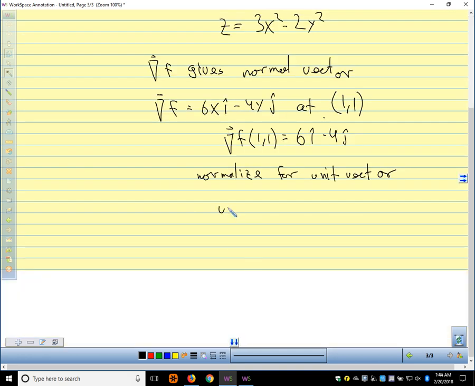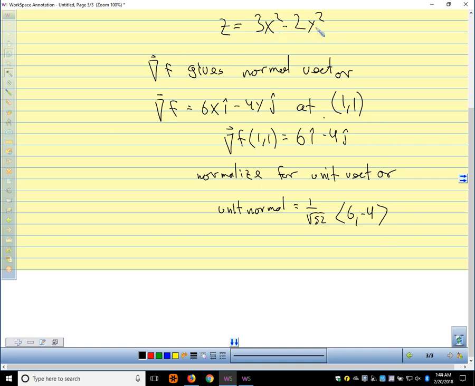So our unit normal is 1 over the square root of 36 plus 16, which is 52, times the vector (6, -4).